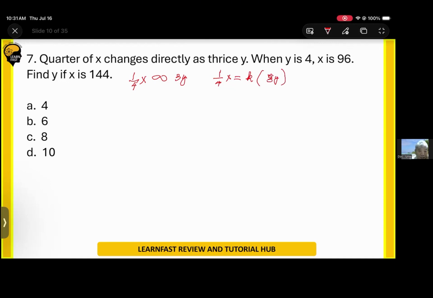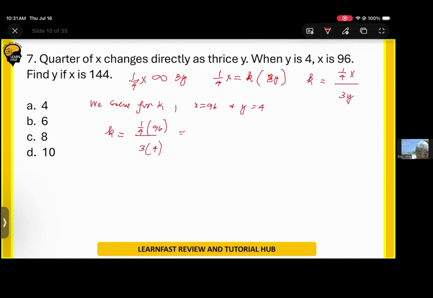We rewrite this, wherein you solve for k equal to 1/4 of x divided by 3y. We will plug in the values of x equals 96 and y equals 4.